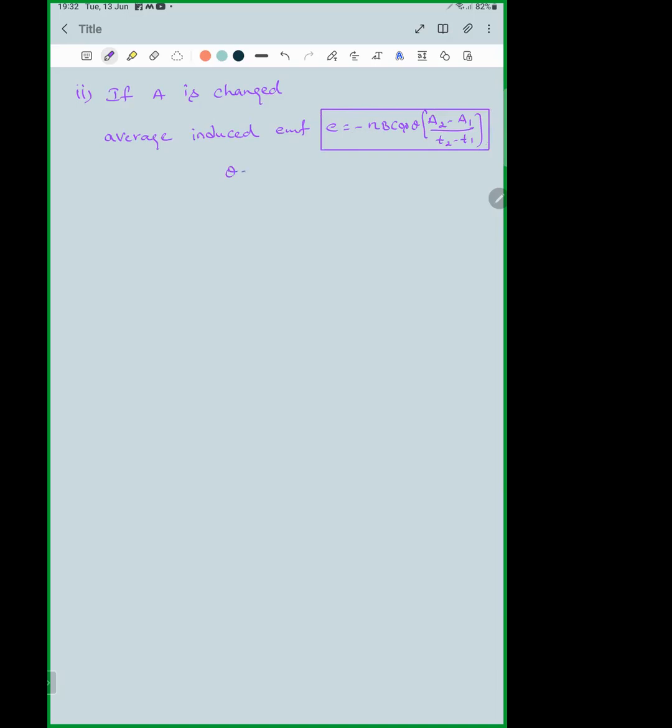And if theta is equal to 0, E is equal to minus NB into A2 minus A1 by T2 minus T1.